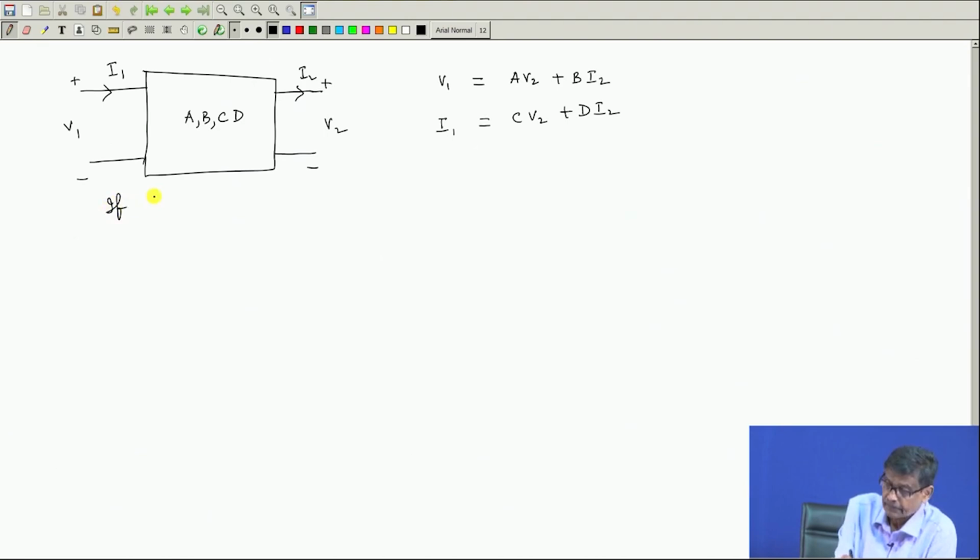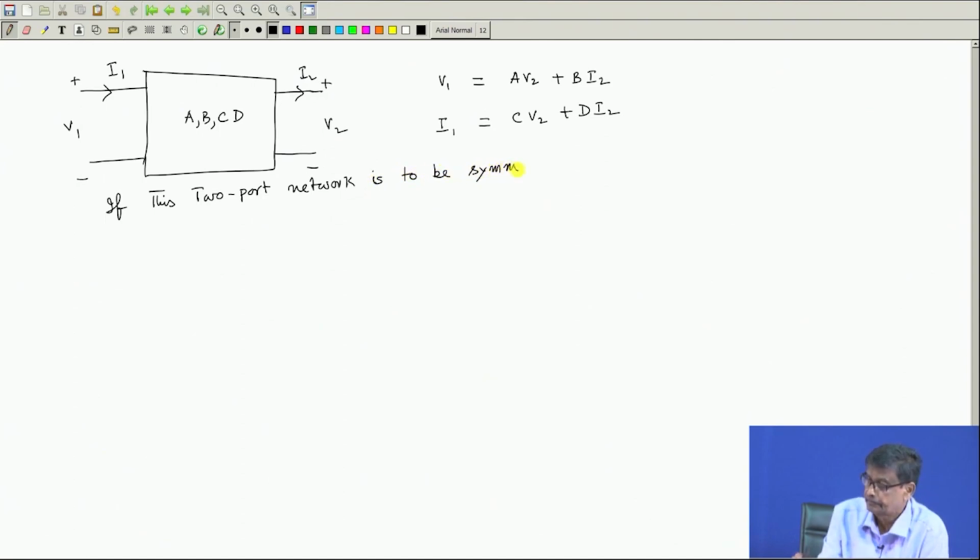If this two port network is to be symmetric, I will demand that V 1 by I 1 with I 2 equal to 0, that is with the port open circuited, V 1 by I 1, the driving point impedance of this network, should be equal to V 2 by I 1 equal to 0, you know.